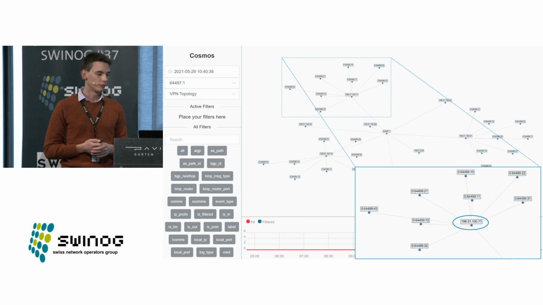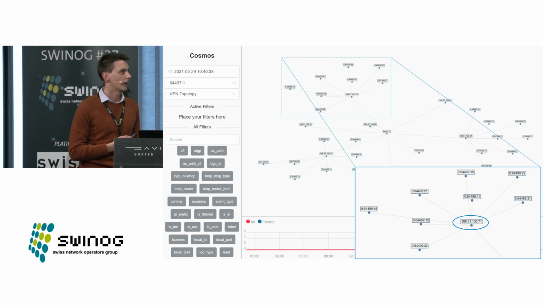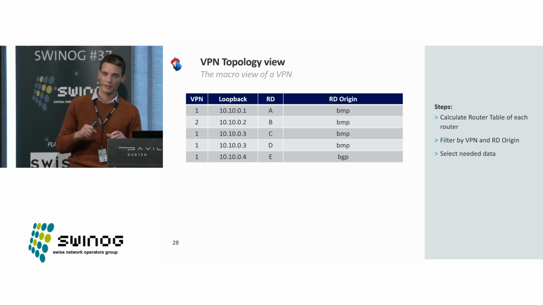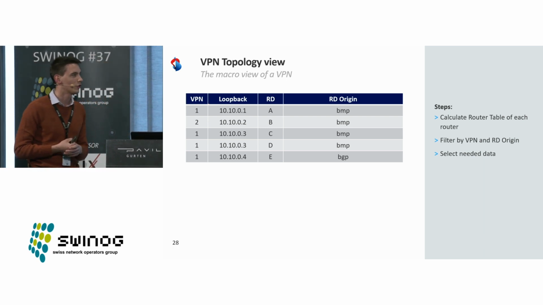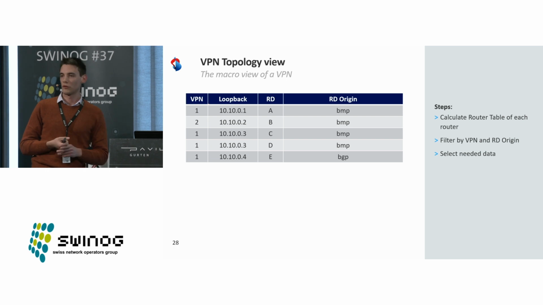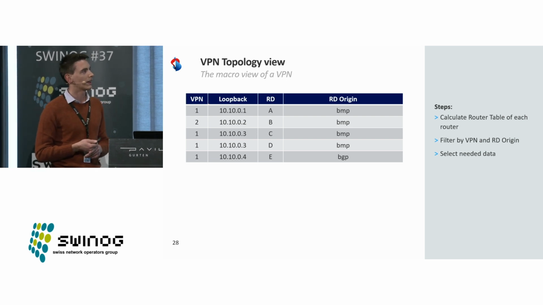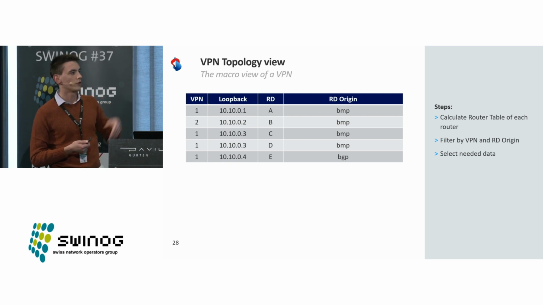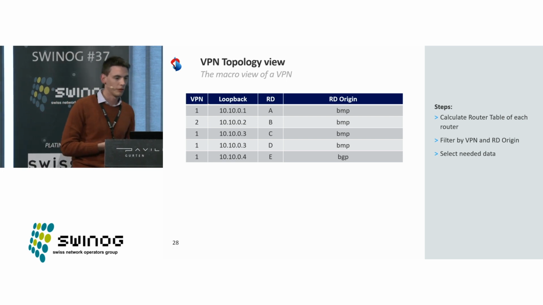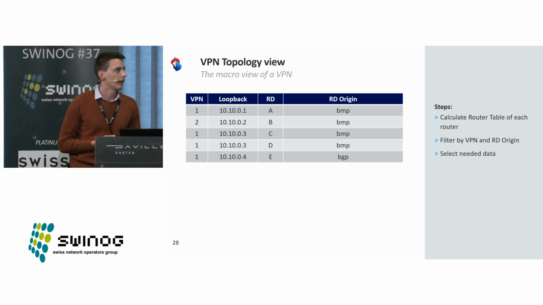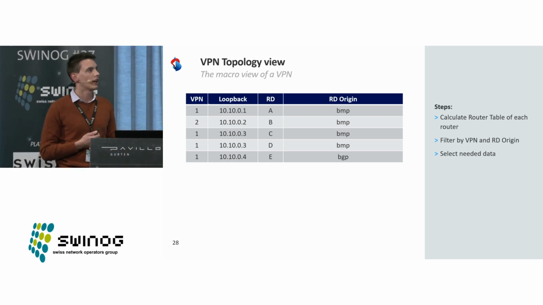And so how do you achieve that, right? From BMP, which is a fantastic tool and fantastic protocol, you have basically all the information you need already in your table. First, of course, you need to select the VPN you care about. So basically, we remove the second line. And then we have the loopback, the RD, and the RD origin.